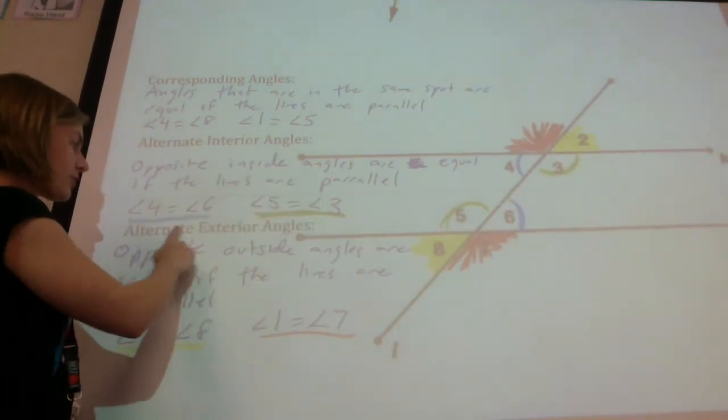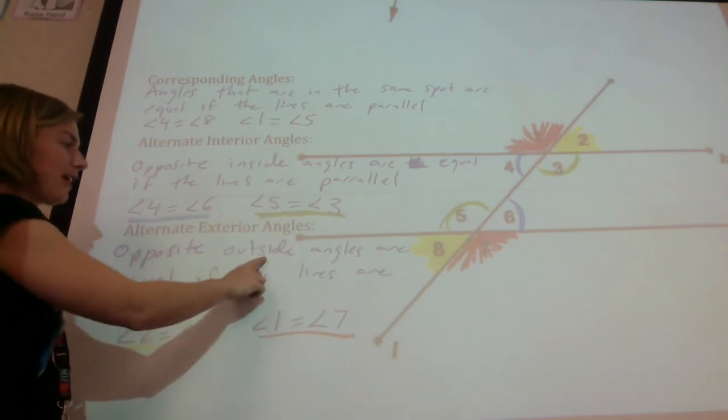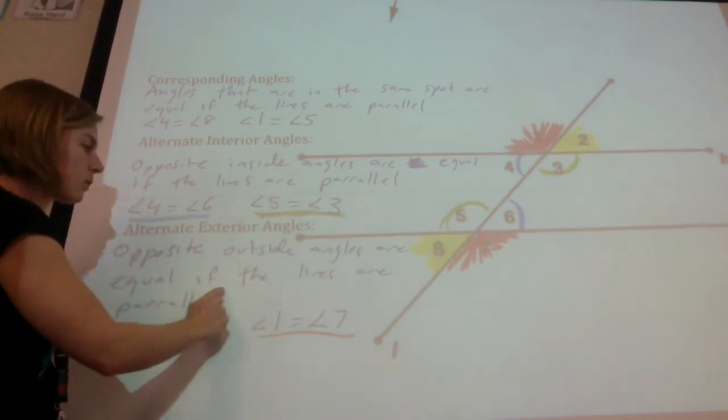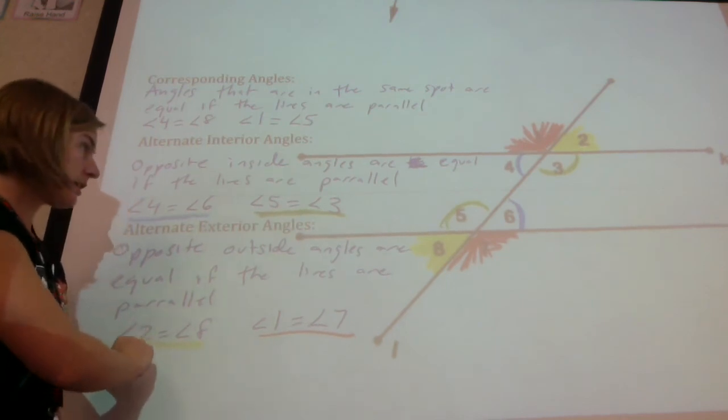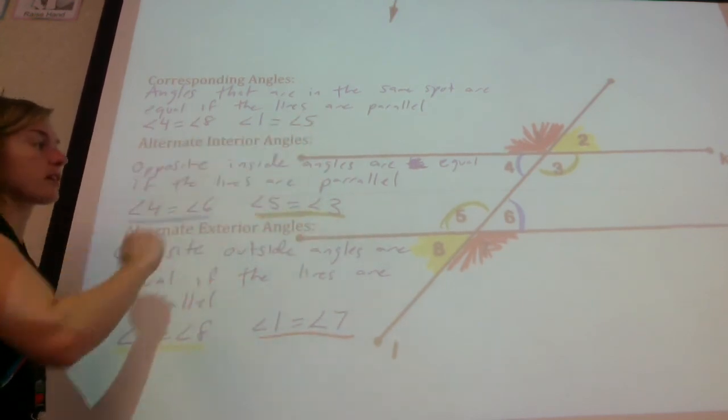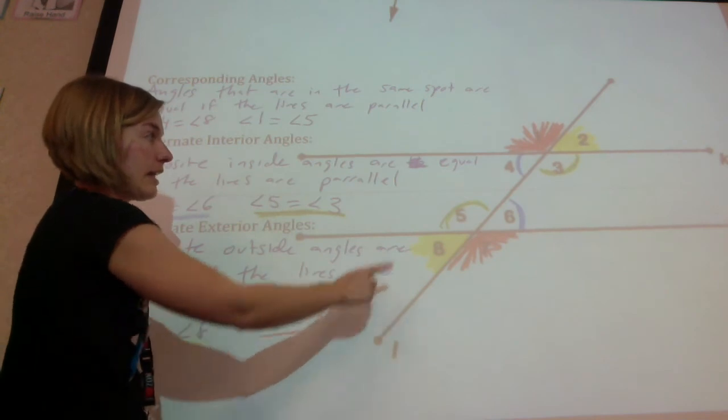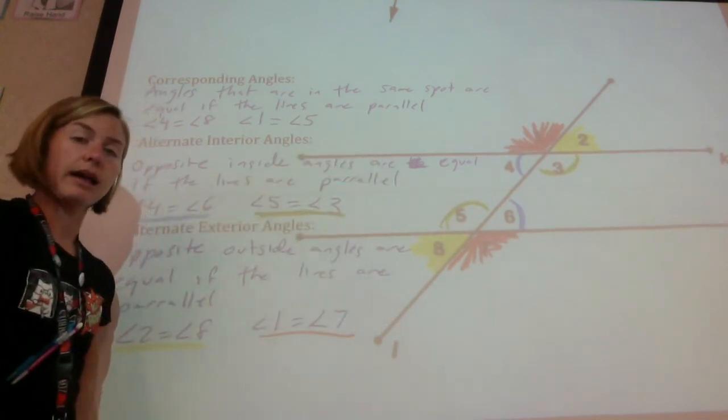So the alternate exterior angles, it's the opposite outside angles, and they are equal if the lines that are being cut are parallel. And so that is angle 2 and angle 8, which I've done in yellow, and angle 1 and angle 7, which I've done in red.